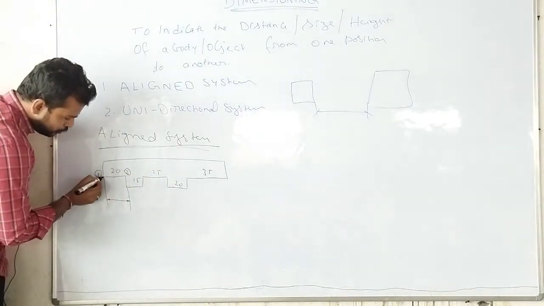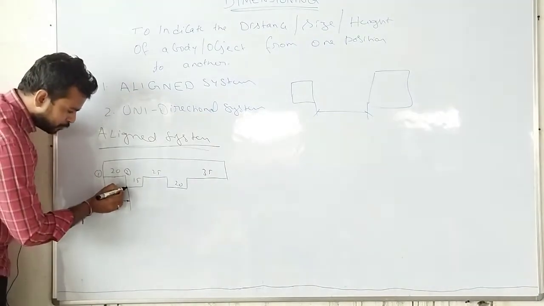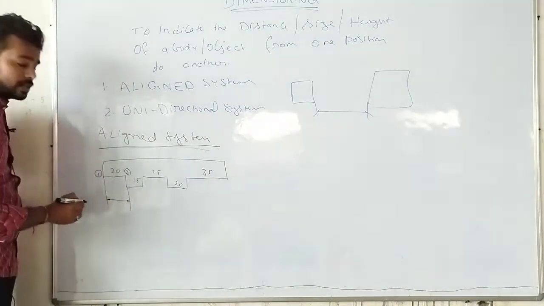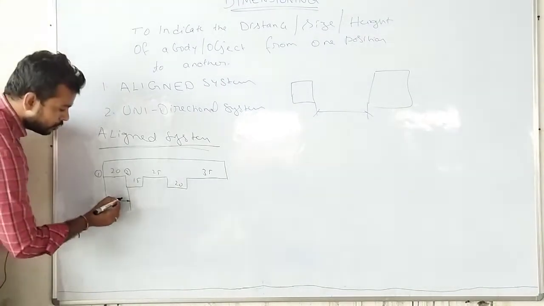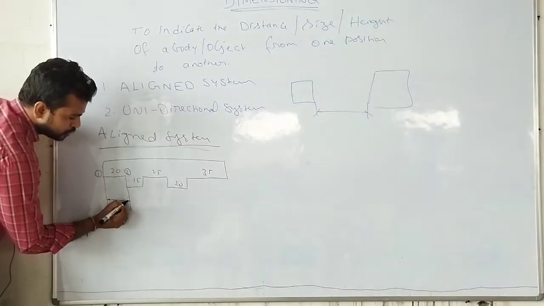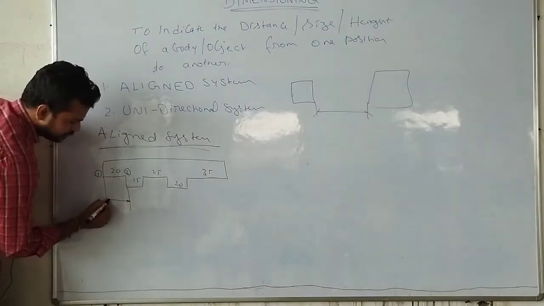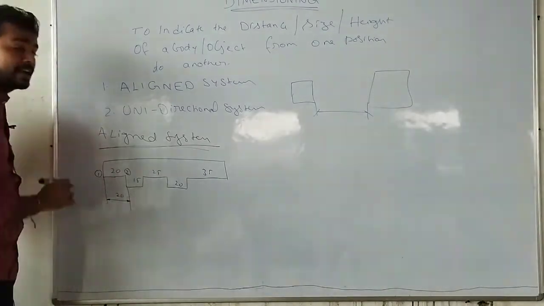For this, from position 1 you have to draw an extension line. From position 2 also you have to draw an extension line. Then perpendicular to it you have to draw the dimensioning line. At the two extension lines, you have to put arrows like this. And here you will mention 20. This is the right system of dimension.